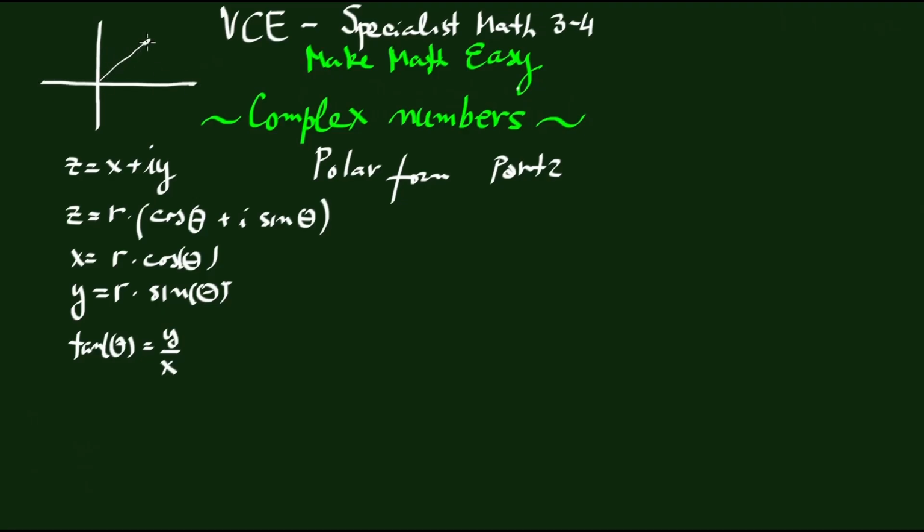If you have a complex number z, then its coordinate here is x, and the coordinate here is y, and this is your theta angle measured from the x-axis.